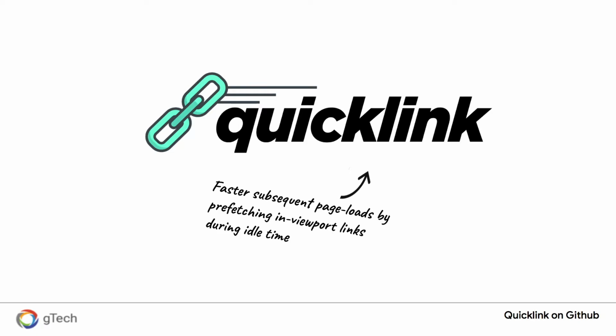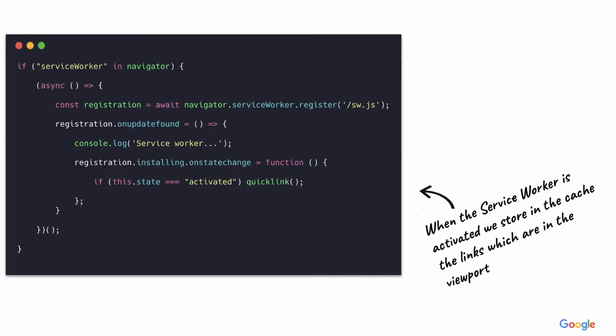And so something that you could do, even if your routes are not super slow, is to use the quicklink library. Quicklink is a library that has been developed by Addy Osmani at Google and the Chrome team, and it helps to load subsequent pages faster by prefetching them during idle time.